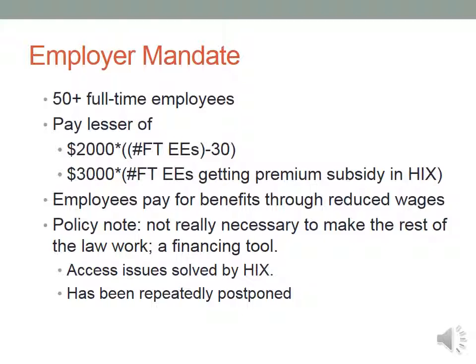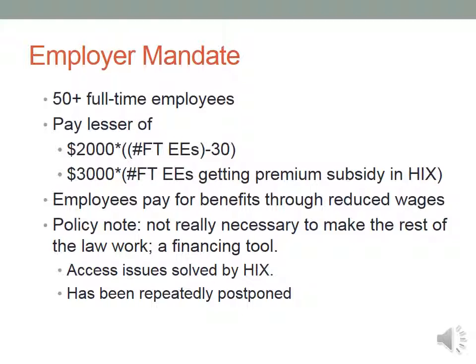And there was concern that if the Affordable Care Act was put in place, employers who had been spending money on these benefits would suddenly drop coverage, and that would cause a lot of disruption in the system. And so the employer mandate was put in there to require employers that had more than 50 full-time employees to continue to offer insurance. If they did not offer insurance, then they were subject to a penalty as well.